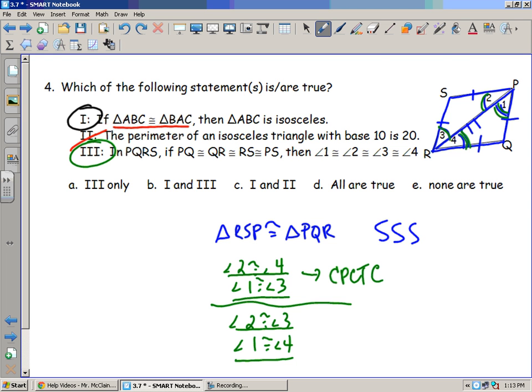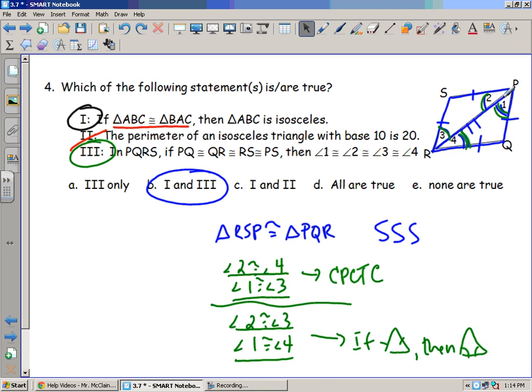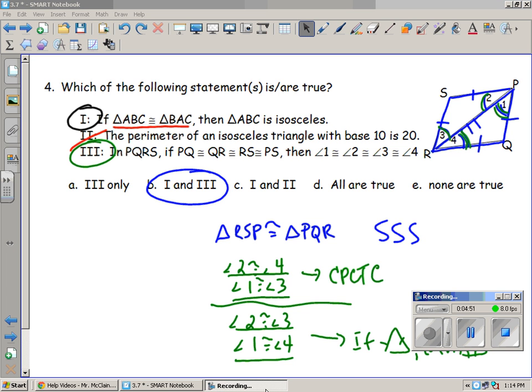And then these are congruent because if sides, then angles. So basically it creates a whole bunch of congruent angles. Yes, all 4 of those angles would be congruent. So the answer to this one would be B, 1 and 3. All right, I hope this helps you, and have a nice day.